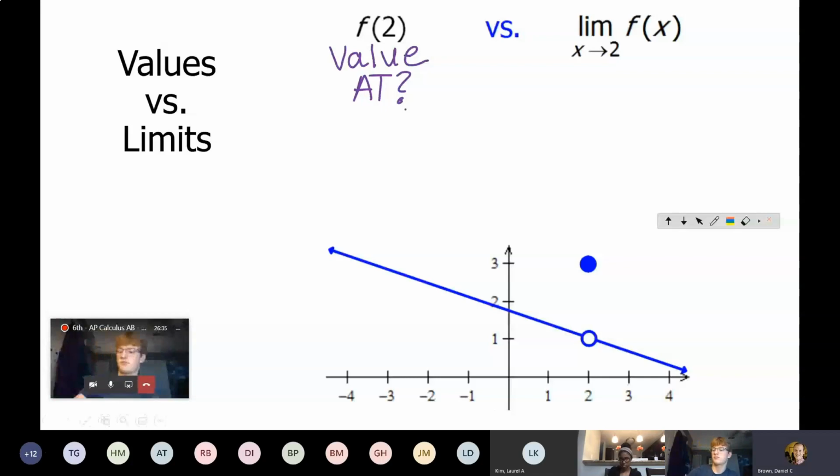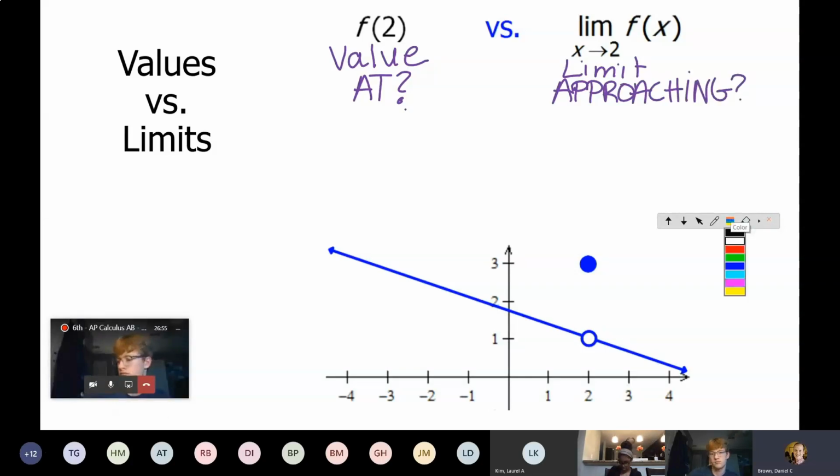Whereas the limit, when we say limit in math, is not asking where the function is at, it is asking what the function is approaching. Sometimes those are the same thing, and sometimes those are not the same thing.